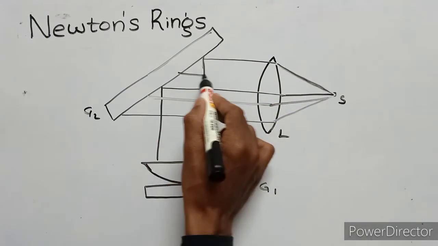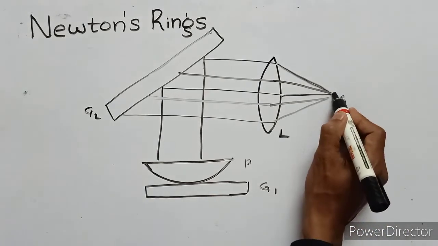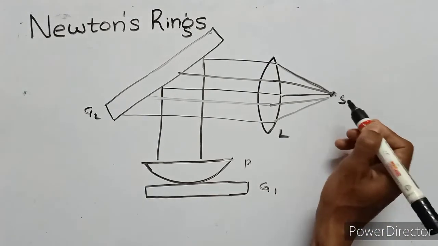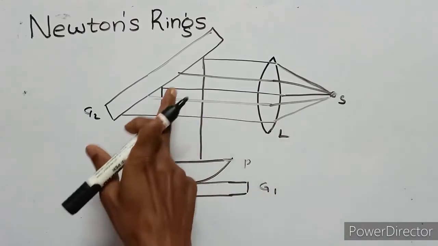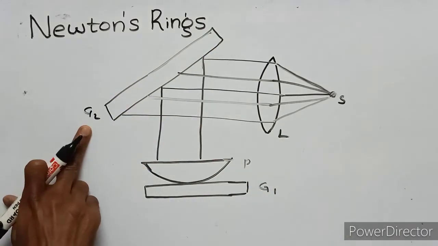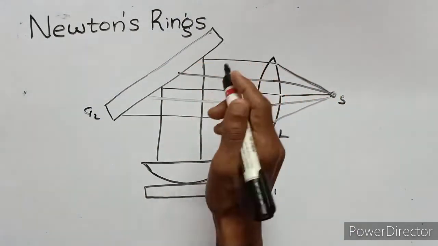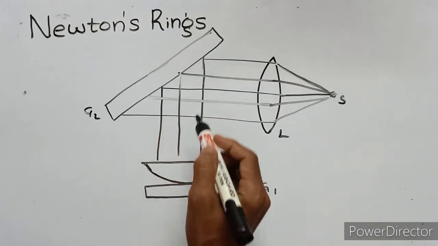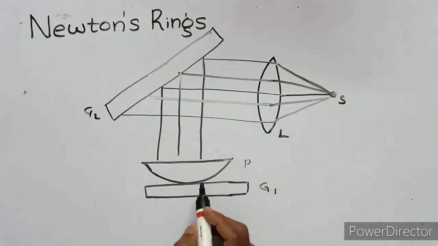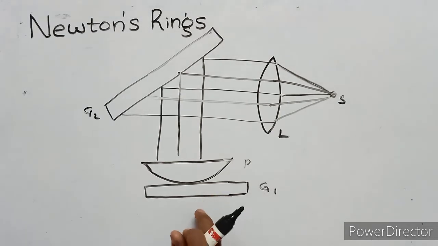The light rays start from the monochromatic source, travel through the convex lens and are incident on the glass plate G2, which is inclined at 45 degrees. They bend by 90 degrees and are incident on the plano convex lens, which is kept on the glass plate G1.